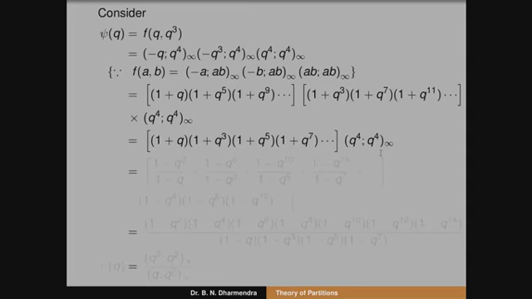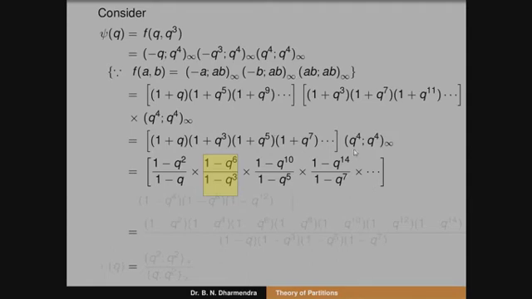Here we take a equal to 1 and b equal to q, and therefore 1 plus q can be written as 1 minus q to the power of 2 divided by 1 minus q. Similarly, 1 plus q cube can be written as 1 minus q to the power of 6 divided by 1 minus q cube. Similarly for 1 plus q to the power of 5, 1 plus q to the power of 7, and so on, we should expand that.